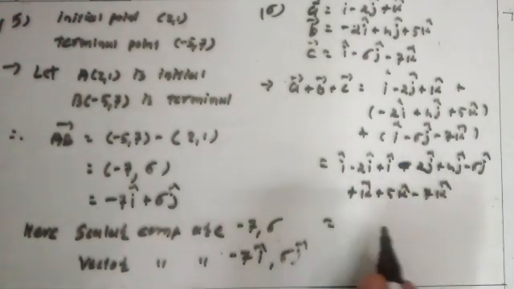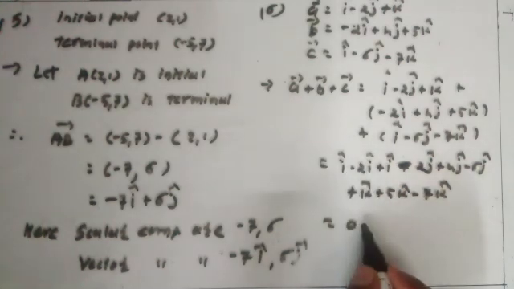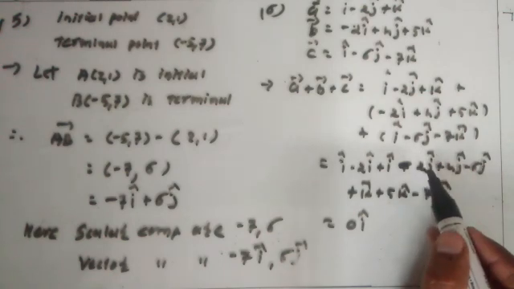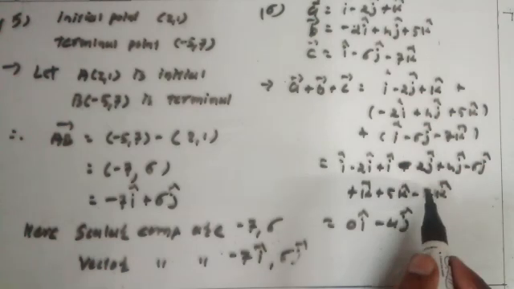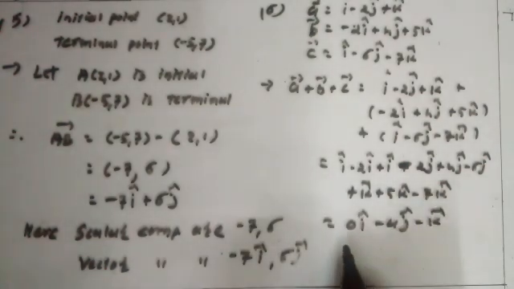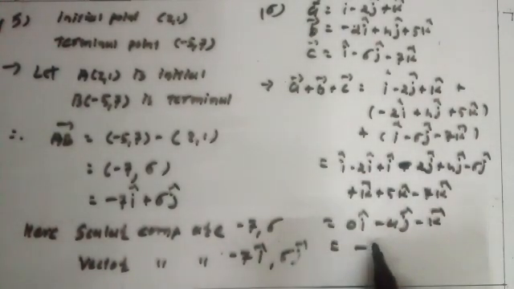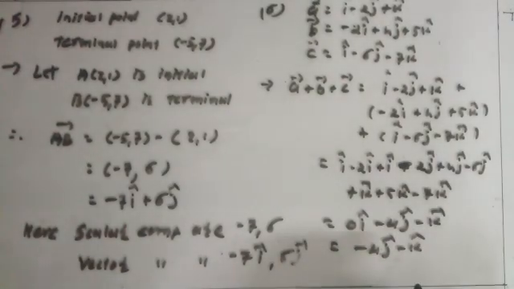Here minus 2i plus i plus i becomes 0i. Minus 2 plus 4 minus 6 becomes minus 4j. Here 1 plus 5 is 6, minus 7 becomes minus k. So A plus B plus C is minus 4j minus k. Here the component in the direction of x is 0.